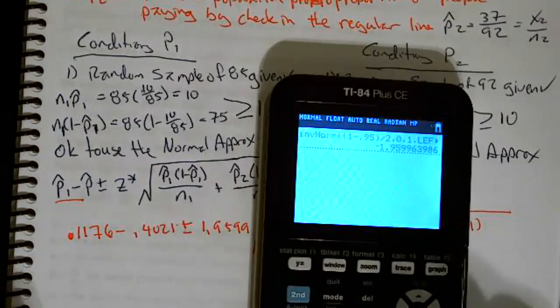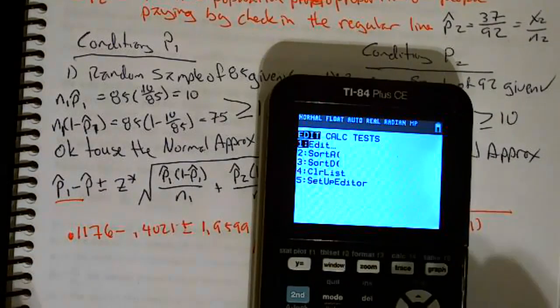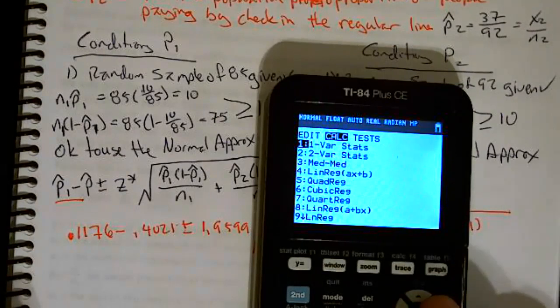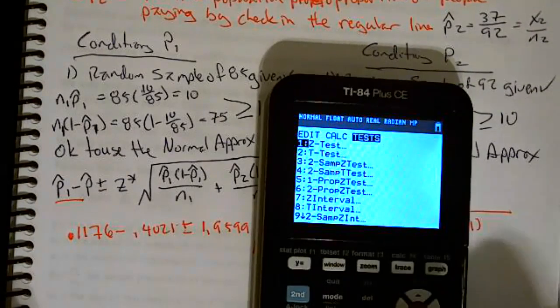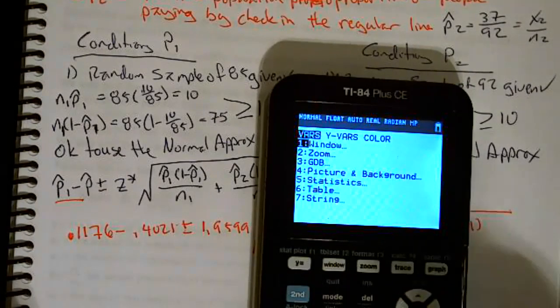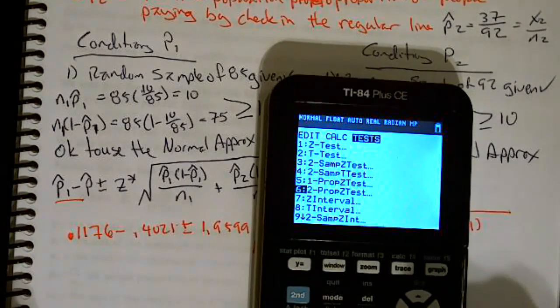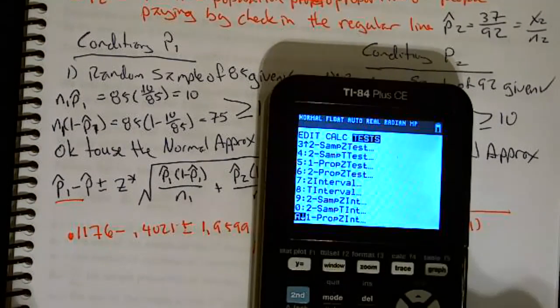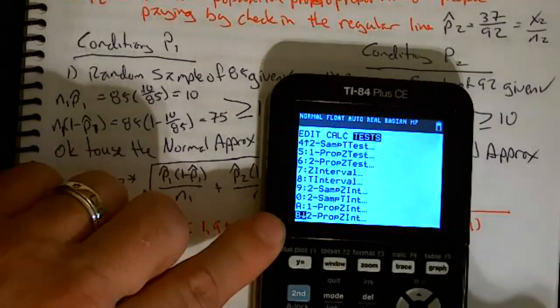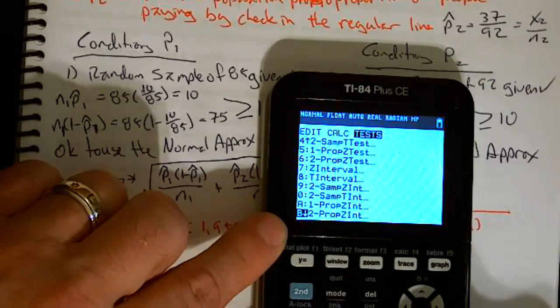All right, next thing we need to do is plug this in the calculator and get our interval. Well, this part's really easy. So stat, arrow over to the word test. We have to drop a long way down. We're going to keep scrolling, 2 sample t interval, proportion z interval. There it is, a letter B, 2 proportion z interval.